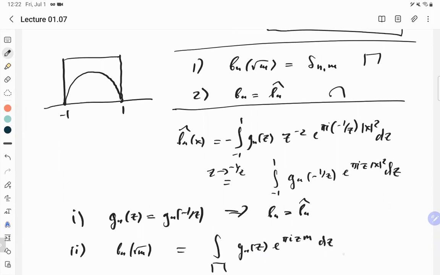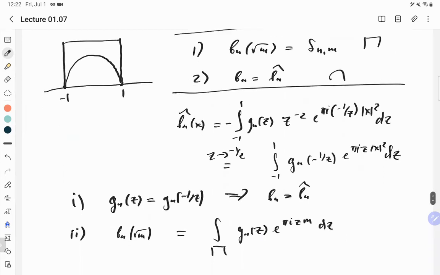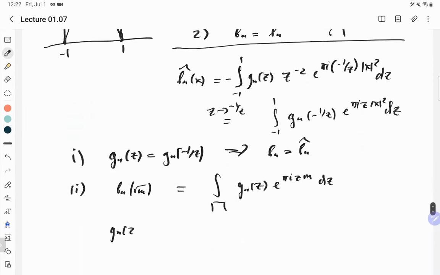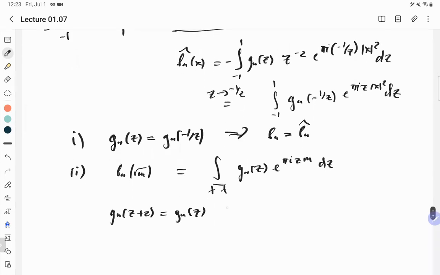So it looks like a Fourier coefficient, and in fact, if you make Gn 2 periodic, it is a Fourier coefficient because the contributions from these two sides cancel out. So that's what we do, and then Bn of square root m is the coefficient of minus q to the power minus m over 2 in G. So it's just a Fourier coefficient.